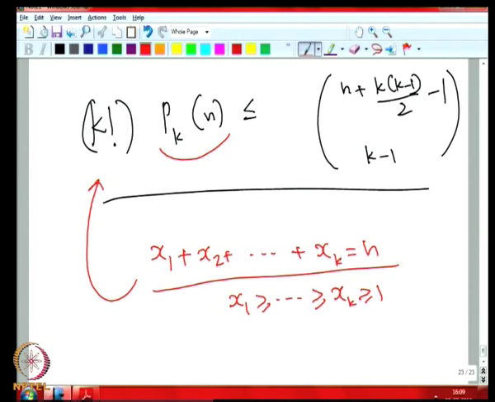But the only problem is there can be some. So suppose there were actually k factorial into pk of n solutions for this, then we can say the number of solutions for this one, when we drop the condition that x1 has to be the biggest, x2 has to be the next biggest, and retain only xi greater than or equal to 1.